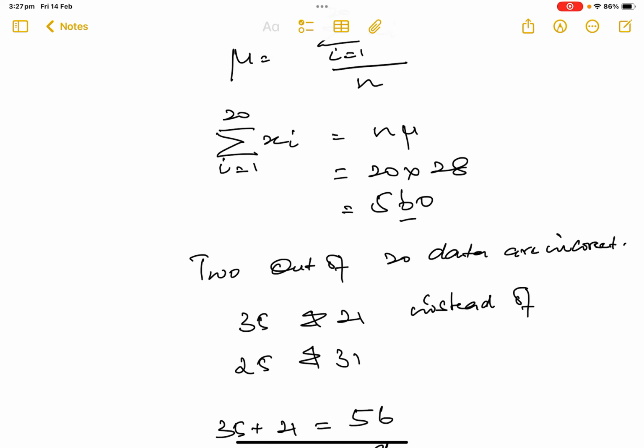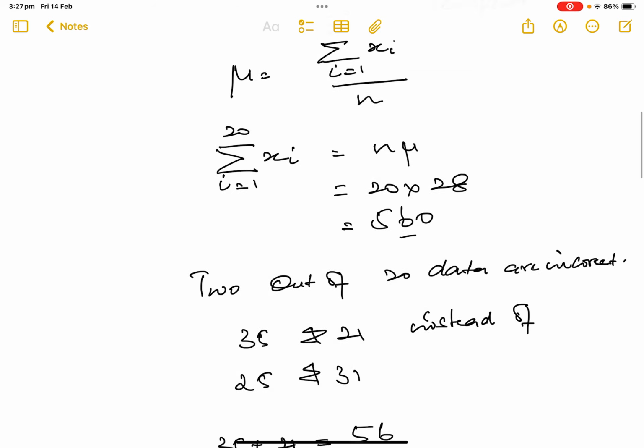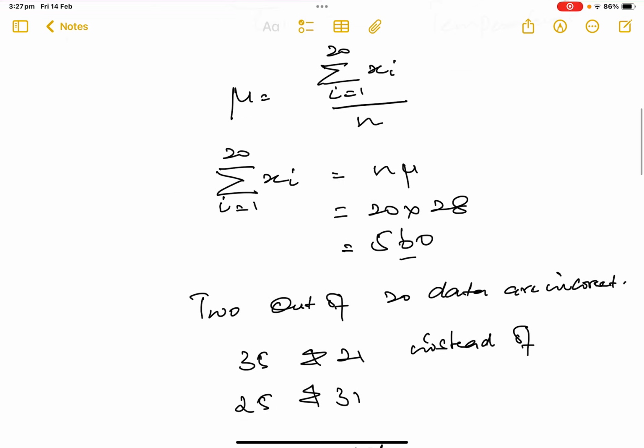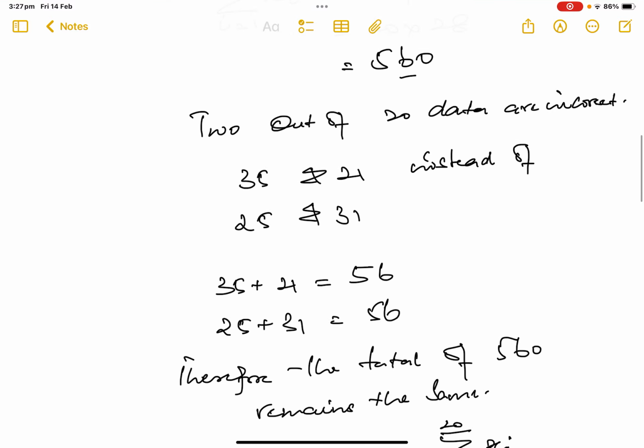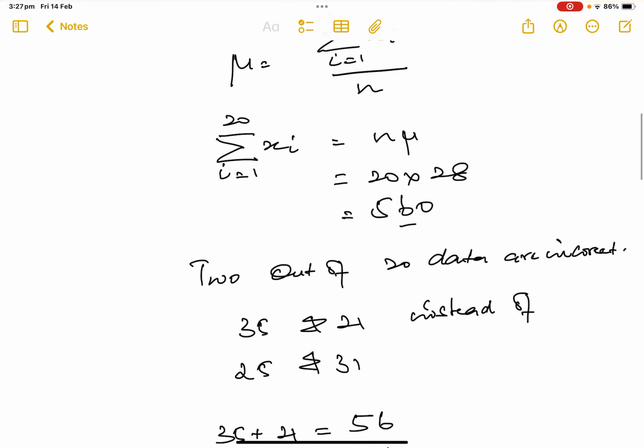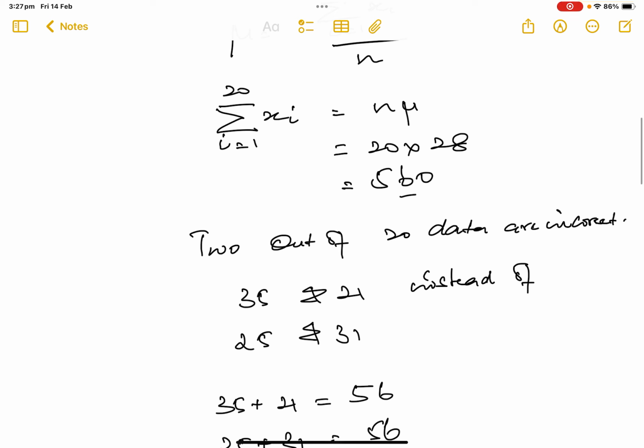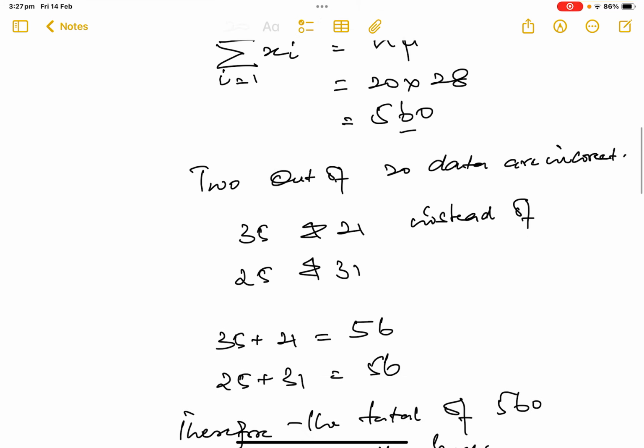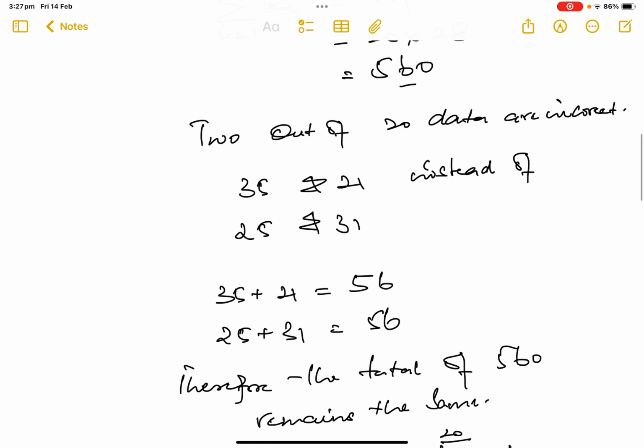The total is 560, so 20 days, the collected data temperature every day, added together, is 560. But they say the two days' values are incorrect. The first time, they calculated the mean value and the standard deviation, but two of those data were incorrectly entered.